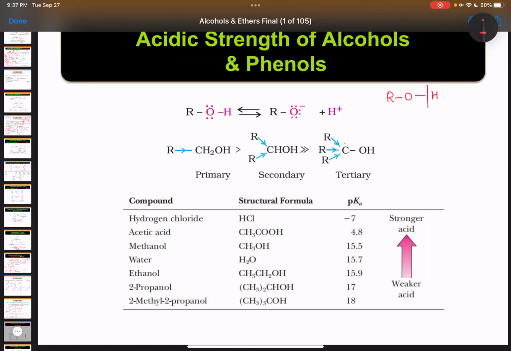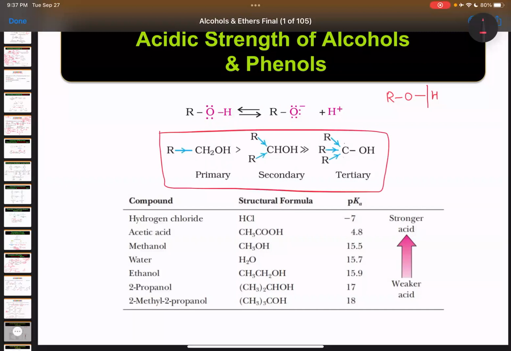Why? Any idea? Why is this the order of acidic strength, that tertiary alcohols are least acidic?